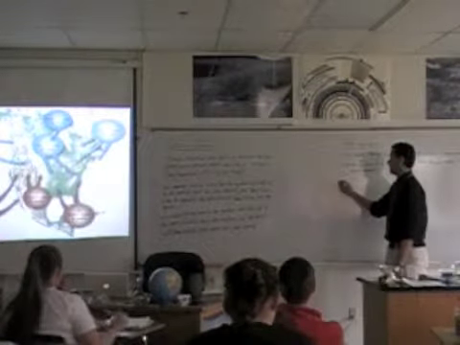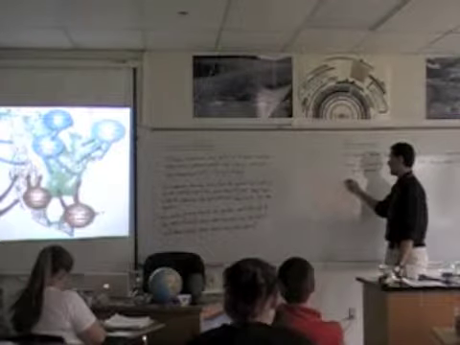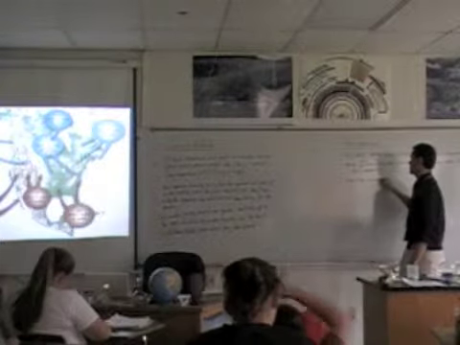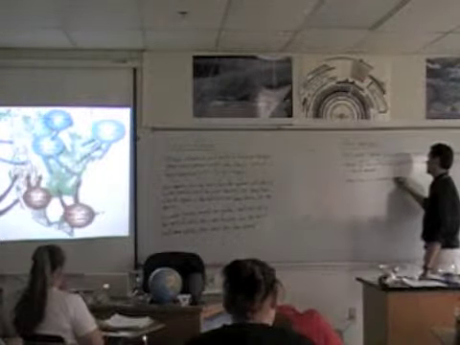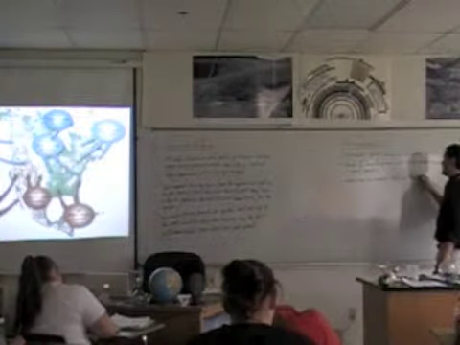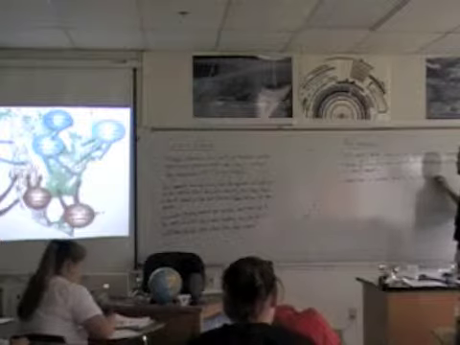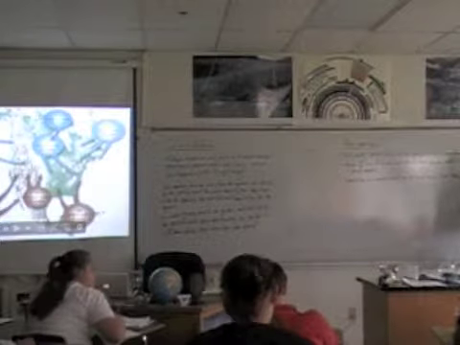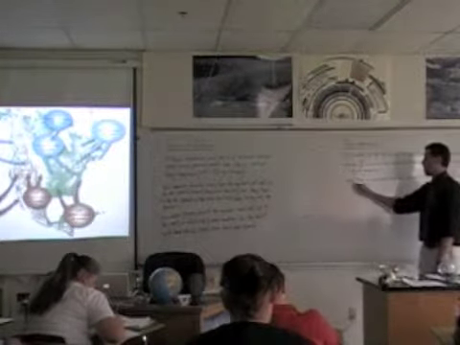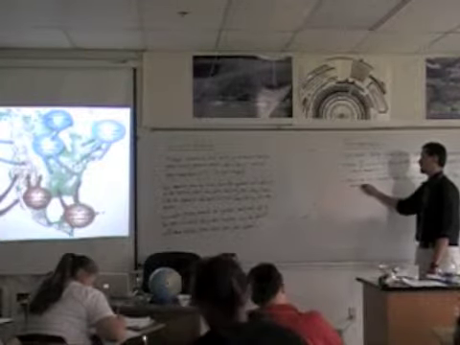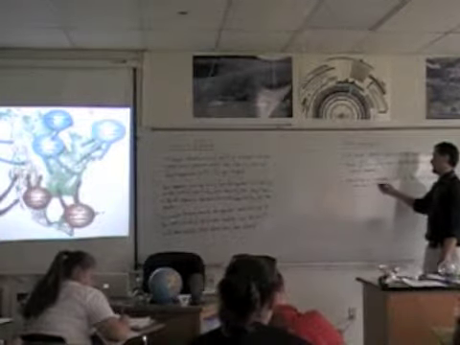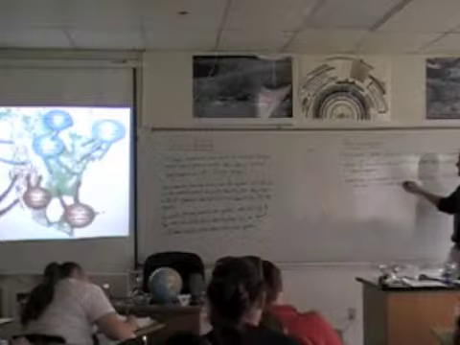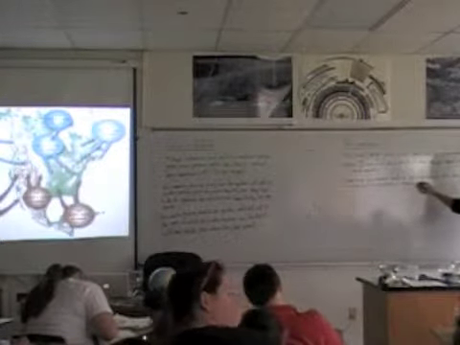So, maritime air masses tend to be more humid because they sit over water, and continental air masses are the opposite.